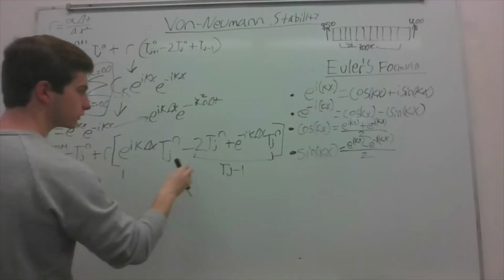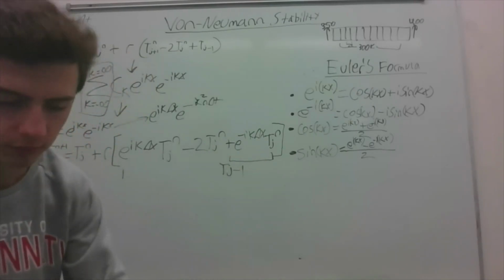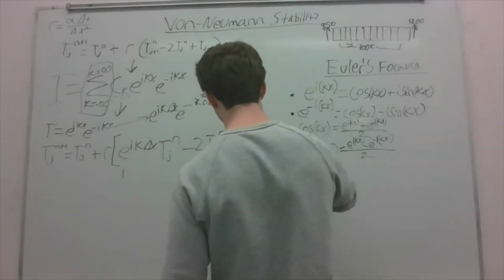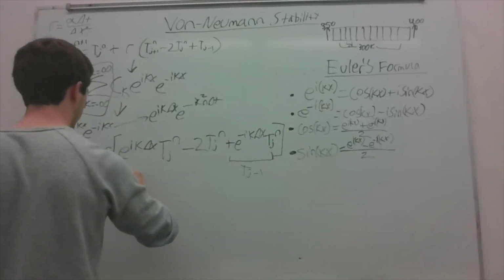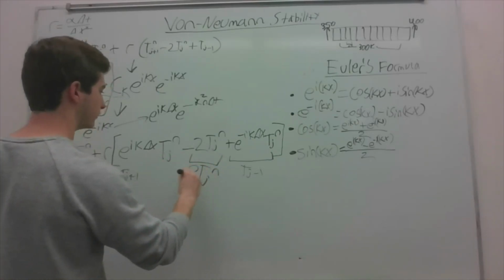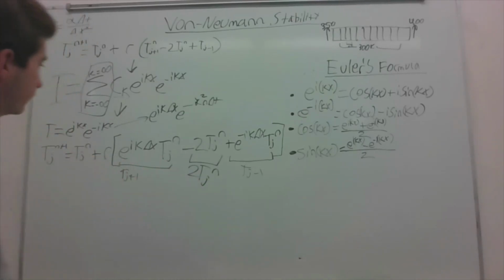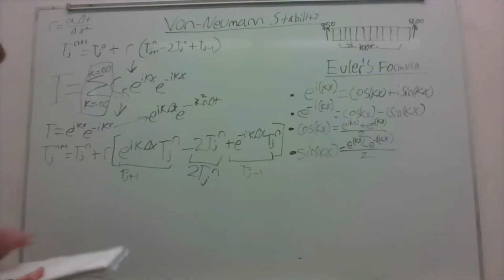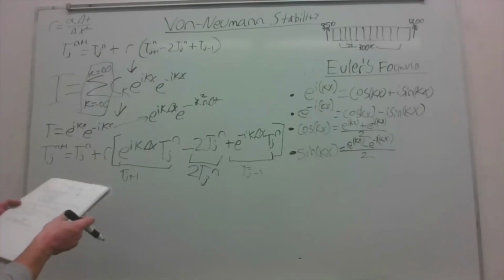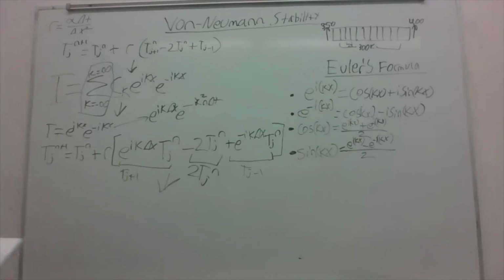This is T j plus 1. This is just the T j n from the normal problem. That doesn't change. This is what changes, because j is being affected and our position is being affected. Okay, now what the heck do we do from here? Well, we're going to need to break this down into another simplified form. What can we turn this equation into?